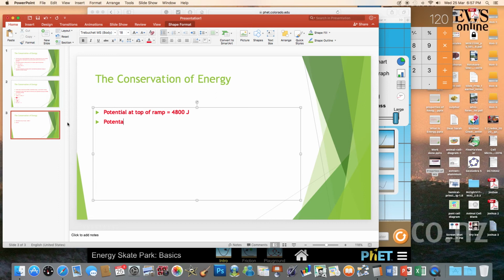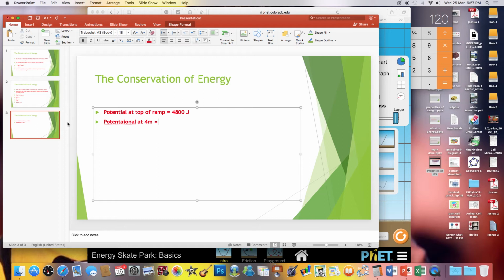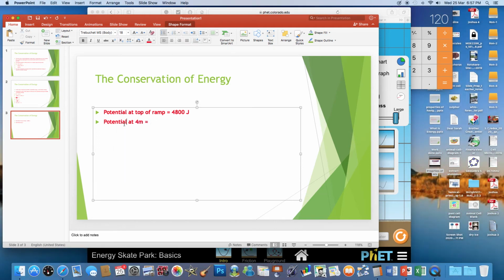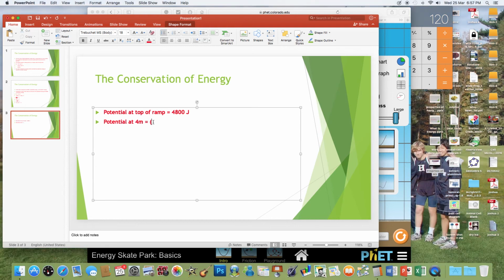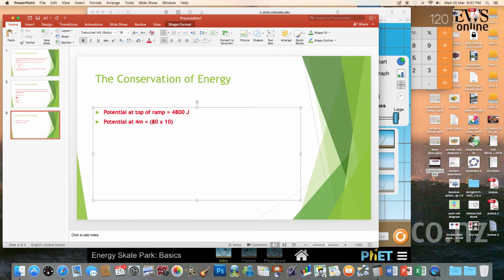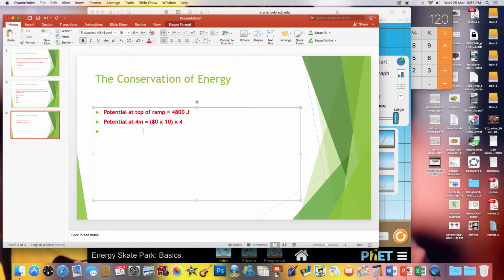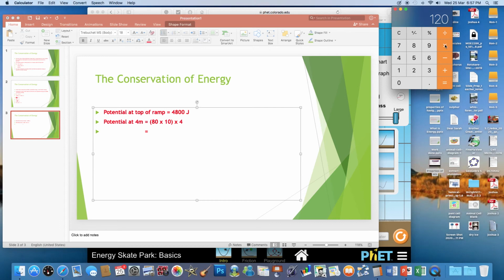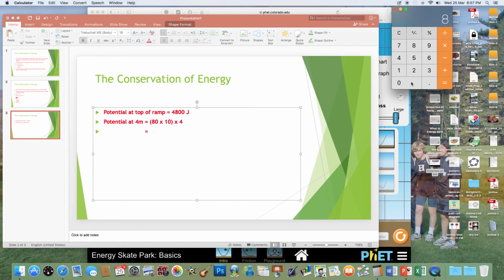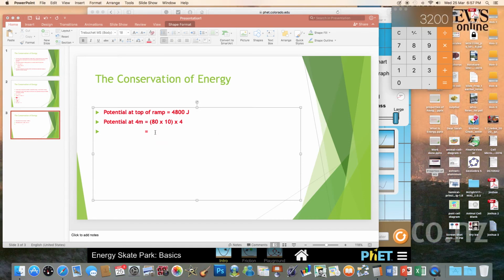Potential energy, and I'm talking about gravitational potential at 4 meters, equals the mass, which is 80, times 10 times 4, equals, so let's do that, that's 800 times 4. Again, we can do this in our head really. So that's 3,200 joules.